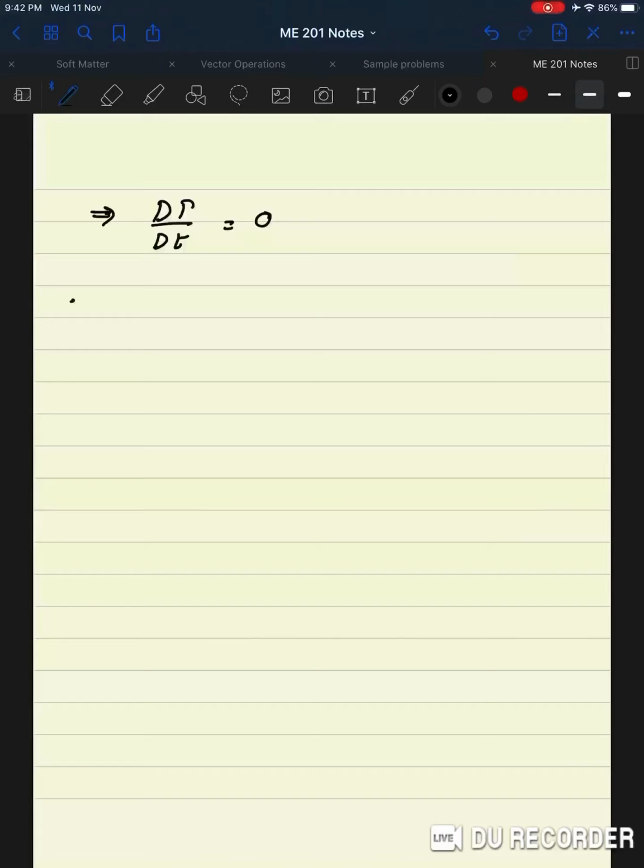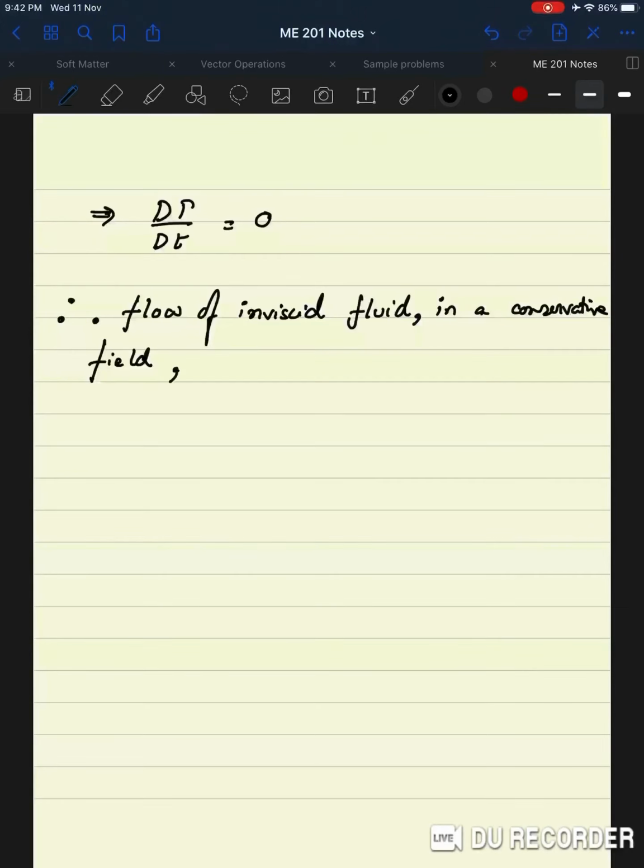So therefore, the flow of inviscid fluid in a conservative body force field, and where density equal to constant, I'm just going to write it mathematically, it's easier, or p is just a function of density, then vorticity of a collection of fluid particles remains unchanged, right?